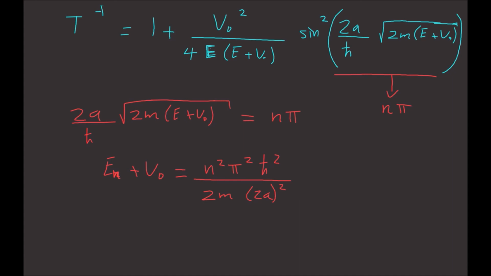Okay, so now if we want to plot this T, I'll go ahead and plot it right over here. So this is the energy, this is the transmission coefficient T, and right over here is 1, which means that it's 100% probability that the wave is going to be transmitted.